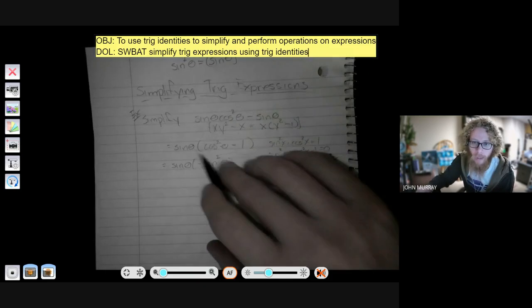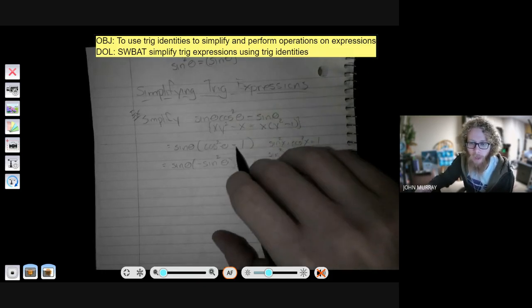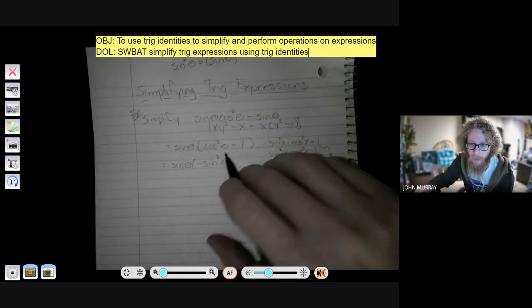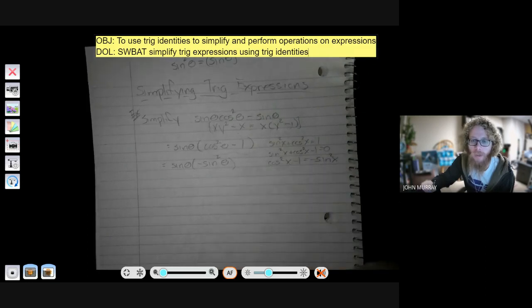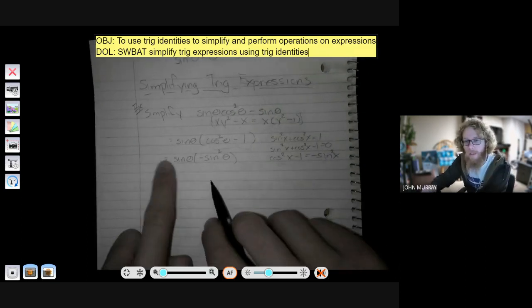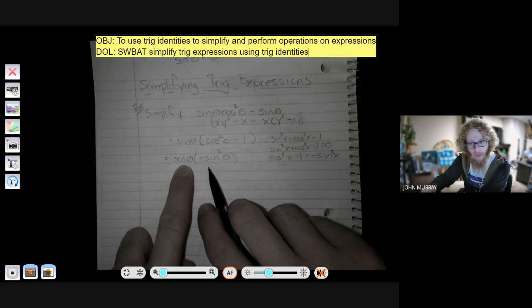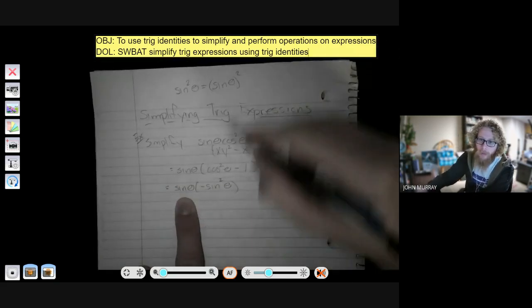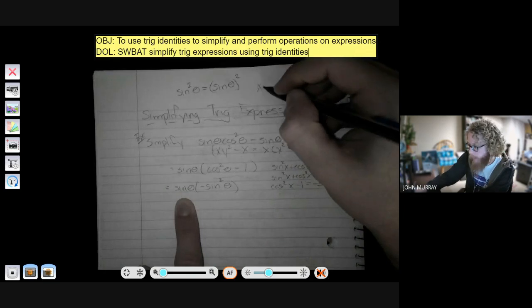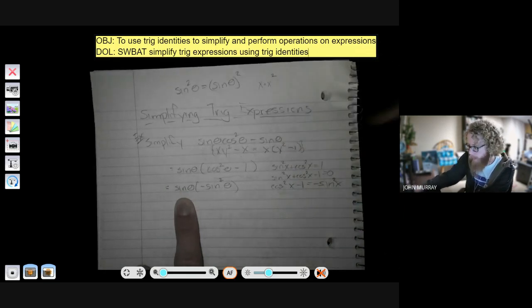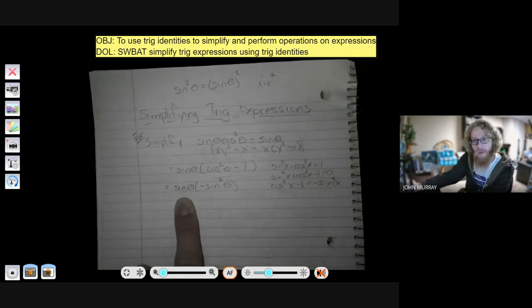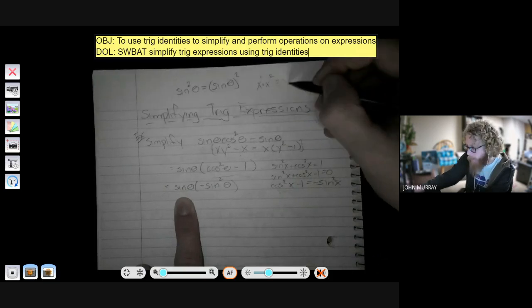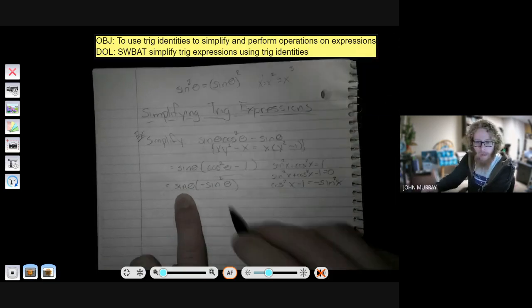So I factored out the sine, and then with the remaining expression, I made cosine squared minus 1 into negative sine squared. Now, because these two are both sines, I can multiply them together. If I was treating them like variables, x times x squared, when we multiply with exponents, we add the exponents together.